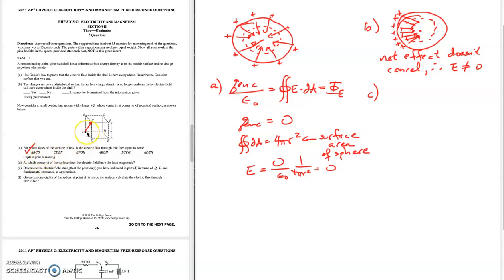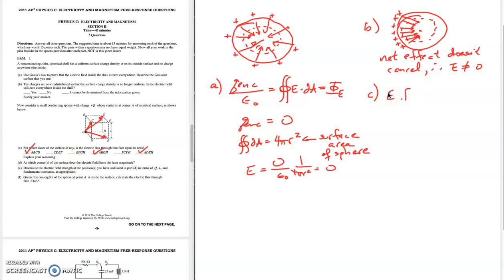How about if we draw a representative arrow from A to E? That is going along the surface, not across the surface. Keep in mind that the electric field has to cut through the area. It's not cutting through that area. So A, D, E, H, that's another one. And then the last one is A, B, G, H. If we draw a representative arrow from A to G, it's not cutting through that area, it's going along the surface of that area.